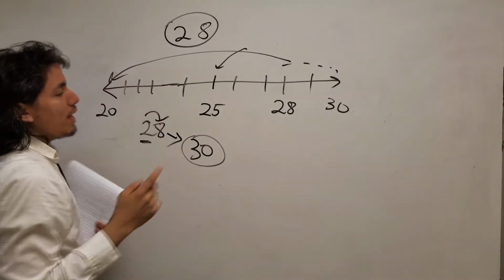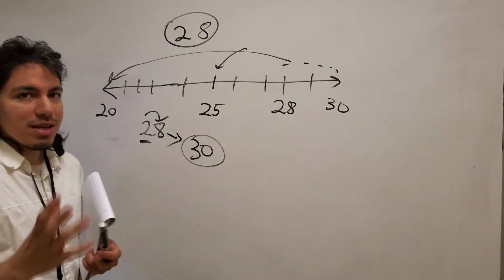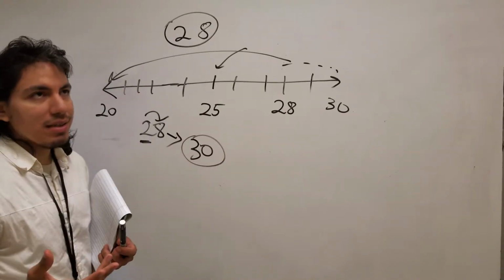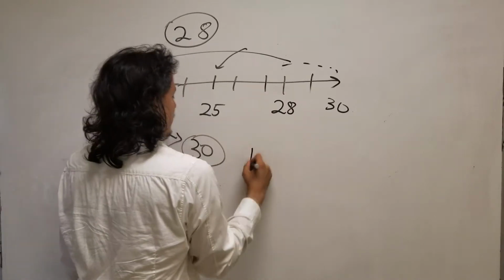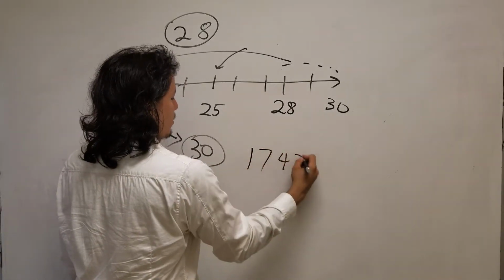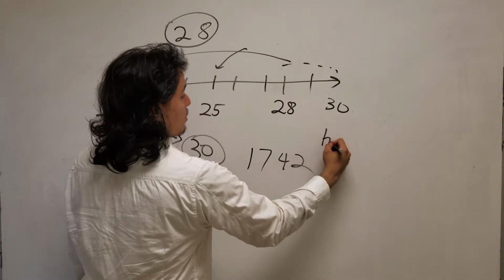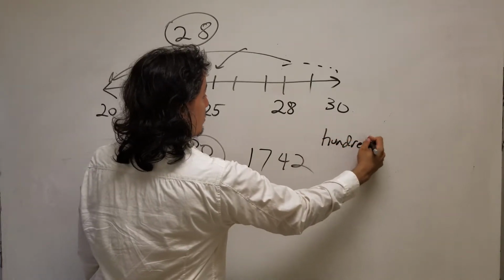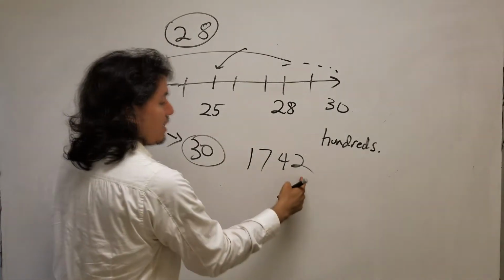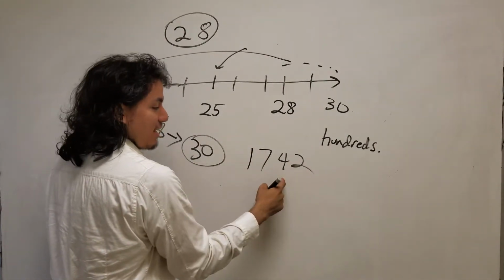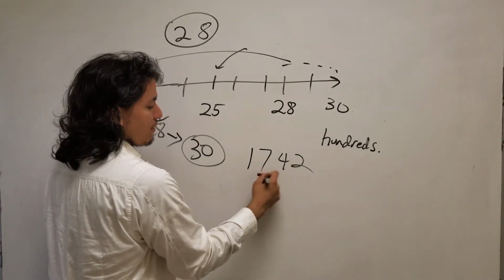So now what happens if I have a bigger number besides something in the tens place? Let's say you gave me 1742, but you asked me to round in the hundreds place. Where is that? We got ones, tens, hundreds. We're looking at the 7.